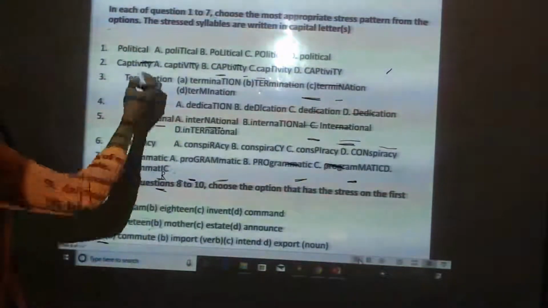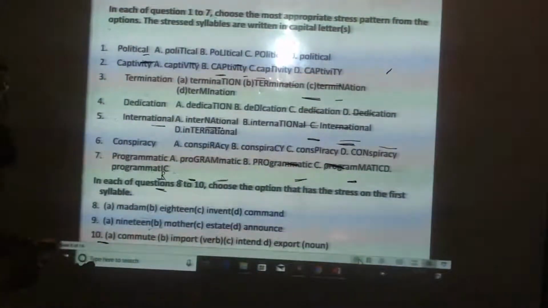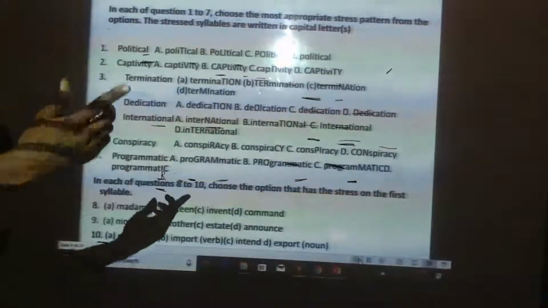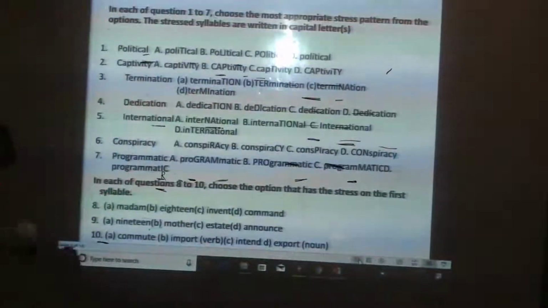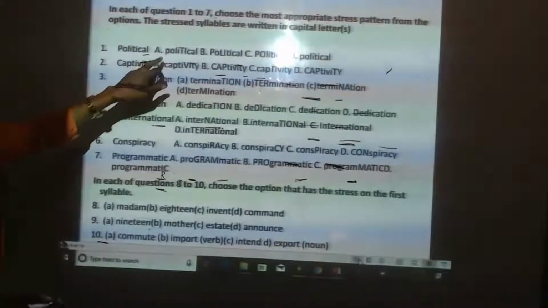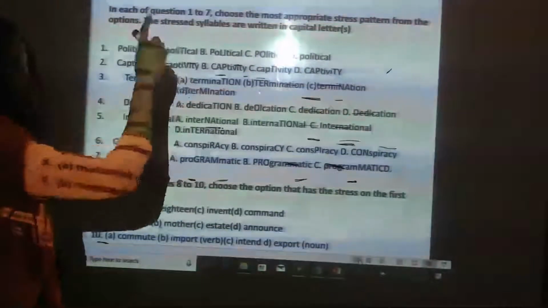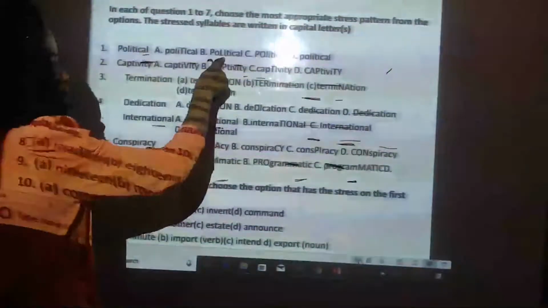Now remember we said that any word that ends with AL should be stressed from the third. You count from the last to your third syllable. Now let's look at political. The stress here is not on the first option.